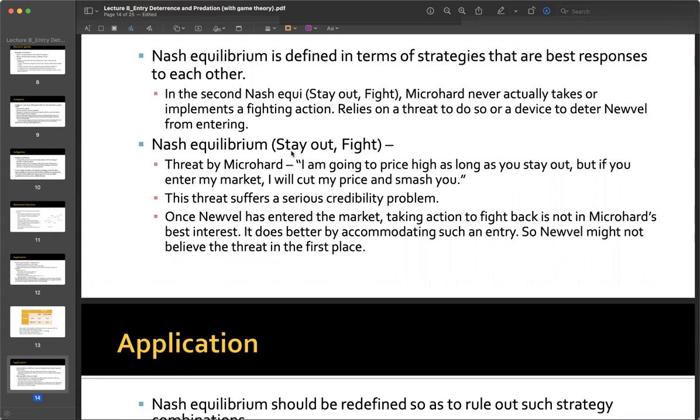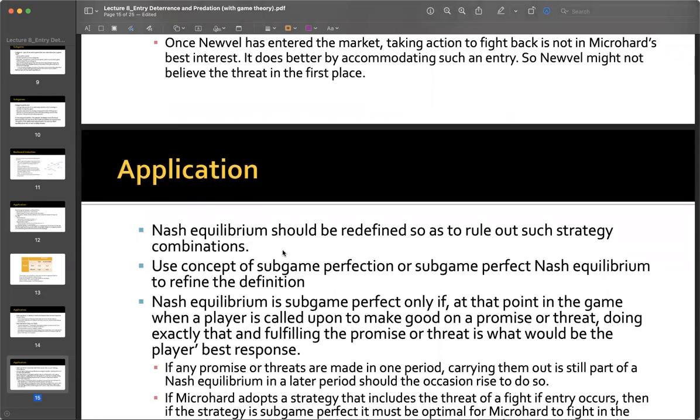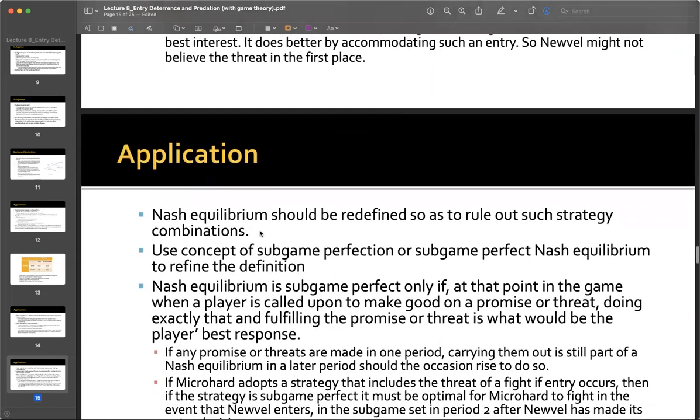In other words, MicroHard's promise to fight if Nouvel enters is not really credible, because once Nouvel has entered, MicroHard will not want to fight; he will prefer to accommodate. So the Nash equilibrium should be redefined so as to rule out such strategy combinations.